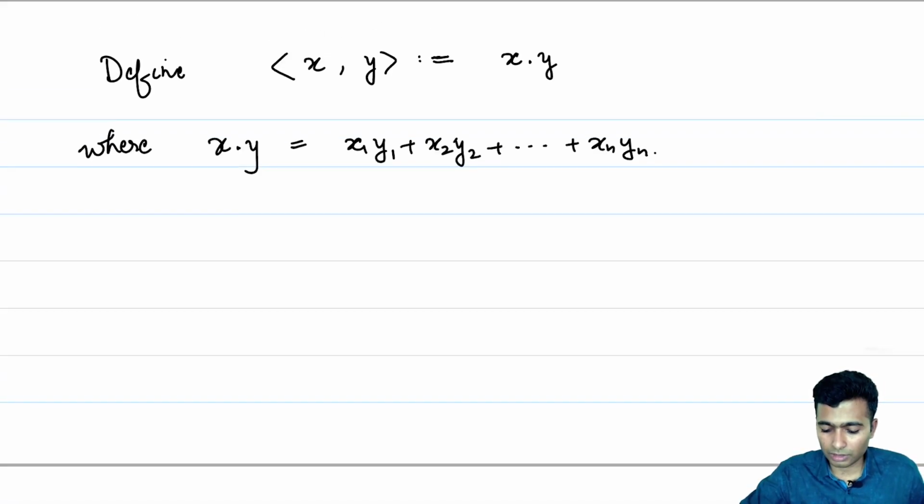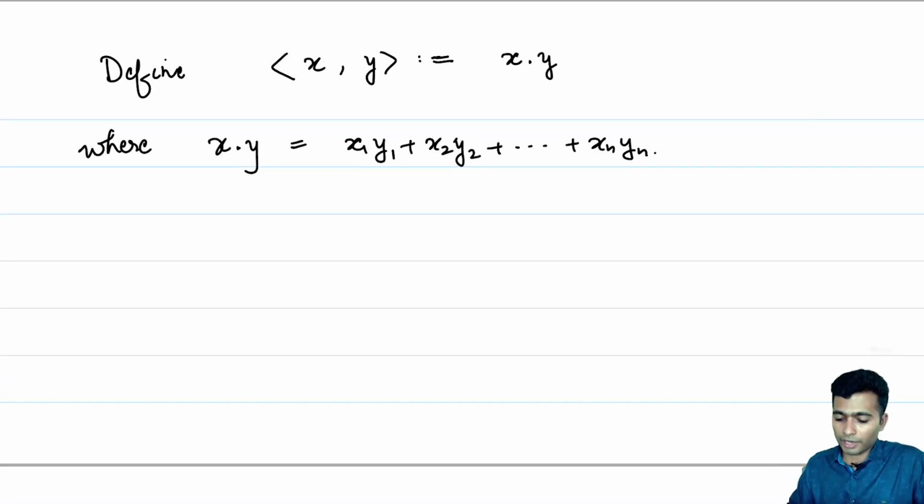So, this is the classical dot product in R^n.